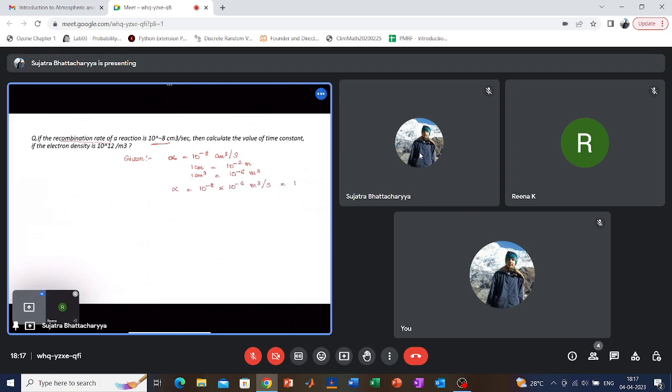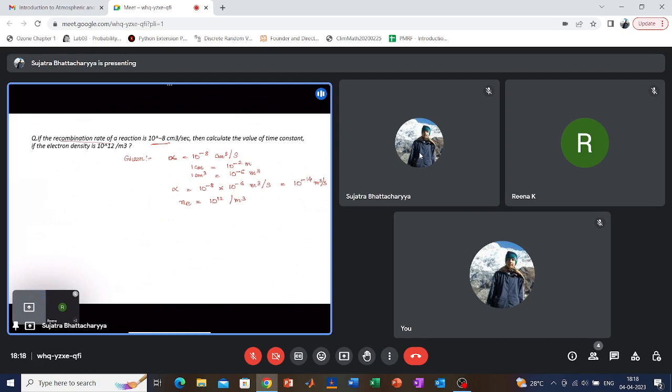That gives 10 to the power minus 14 meter cube per second. Fine. Now, given another thing, the electron density, Ne, is 10 to the power 12 per meter cube.